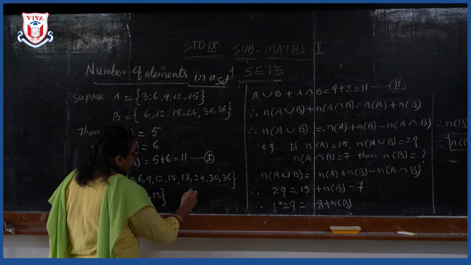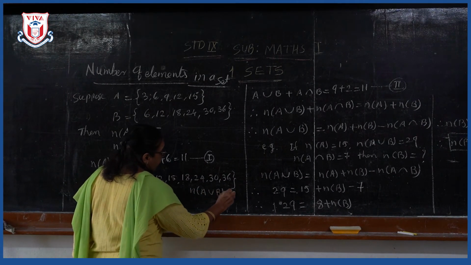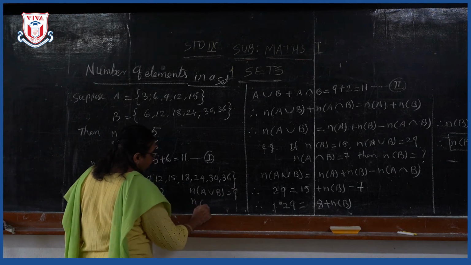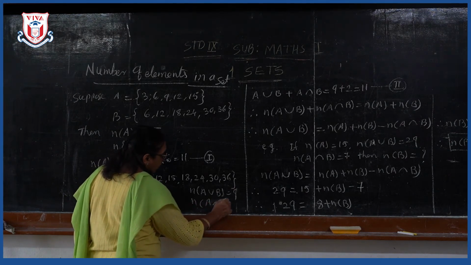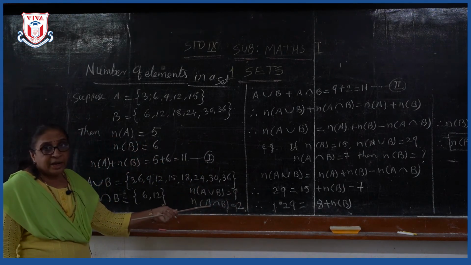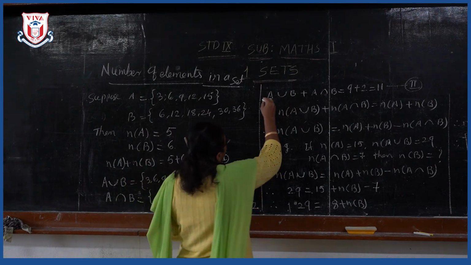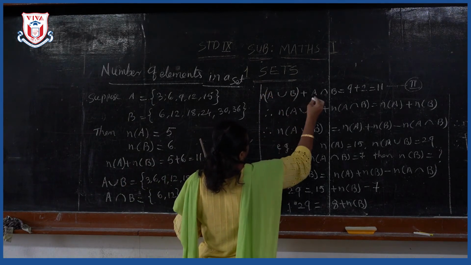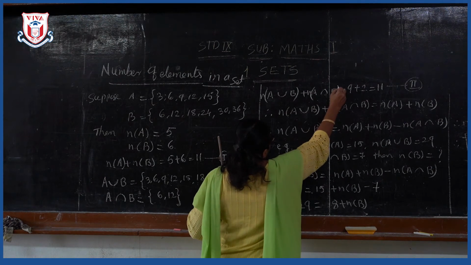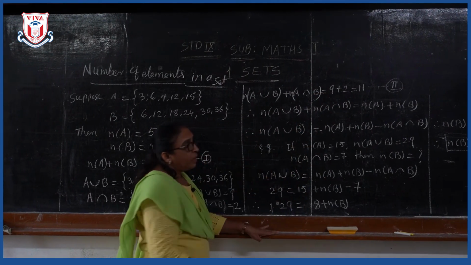That means here n of A union B is equal to 9 and n of A intersection B is equal to 2. Let us see the addition of these two, n of A union B and n of A intersection B is equal to 9 plus 2, that is equal to 11.